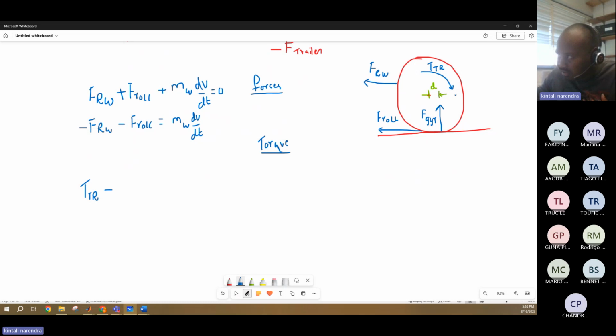This torque is moving in the clockwise direction, and this torque is moving in the opposite direction. So minus FGYT into D, or if you take it as B, because I don't want to complicate it with viscous force. So I'll be naming it as B.